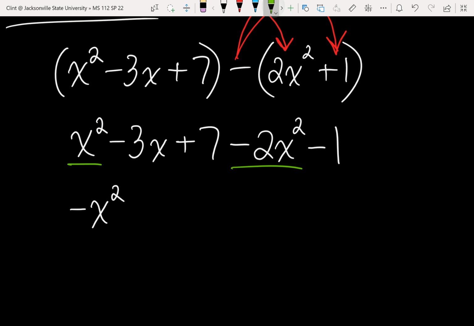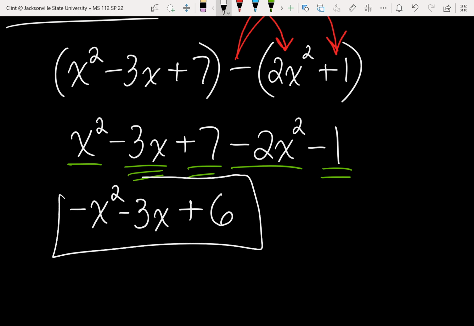Yeah, 7 and negative 1 are like terms. They're both constant terms. So there, 7 minus 1 will give us positive 6, and I'm going to leave some space because we've got one that doesn't have another like term in there. We've got negative 3x. We don't have anything to combine it with, so it just stays negative 3x.